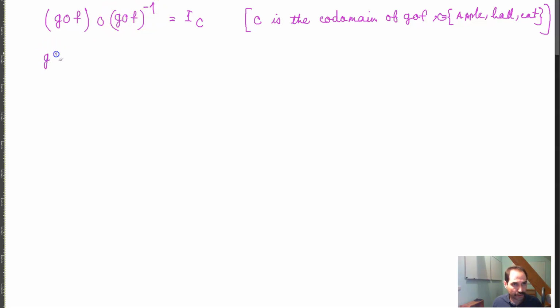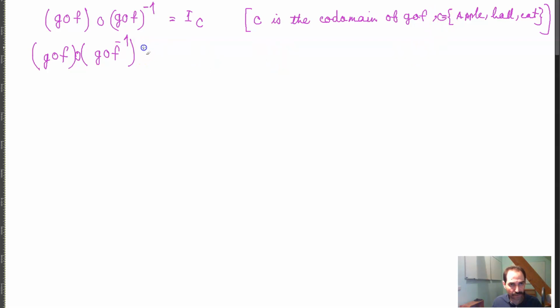So I write this as GOF of this function GOF inverse, and the possible inputs to GOF inverse are apple, ball, and cat.